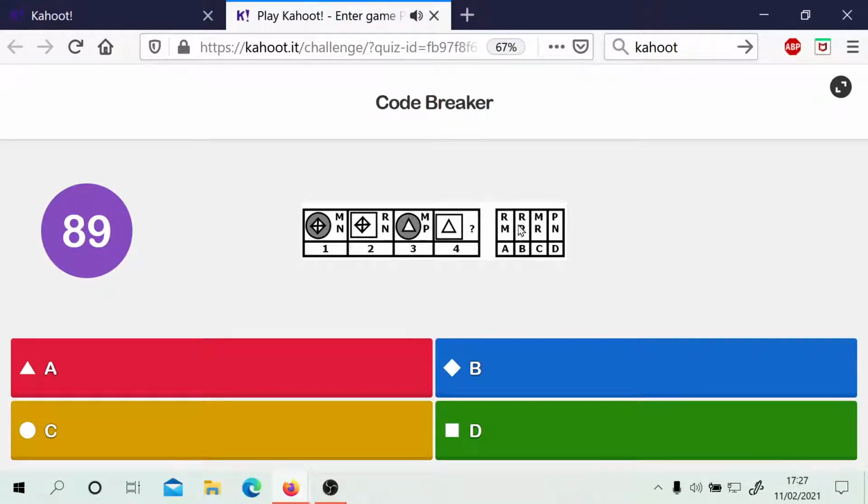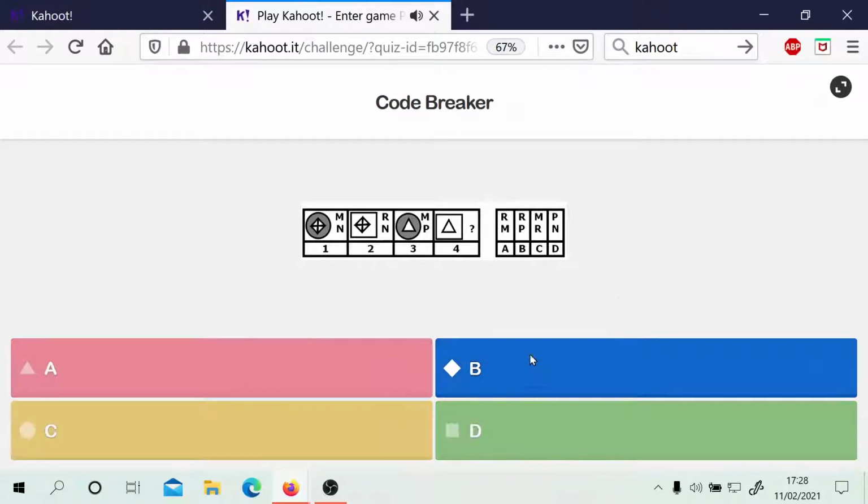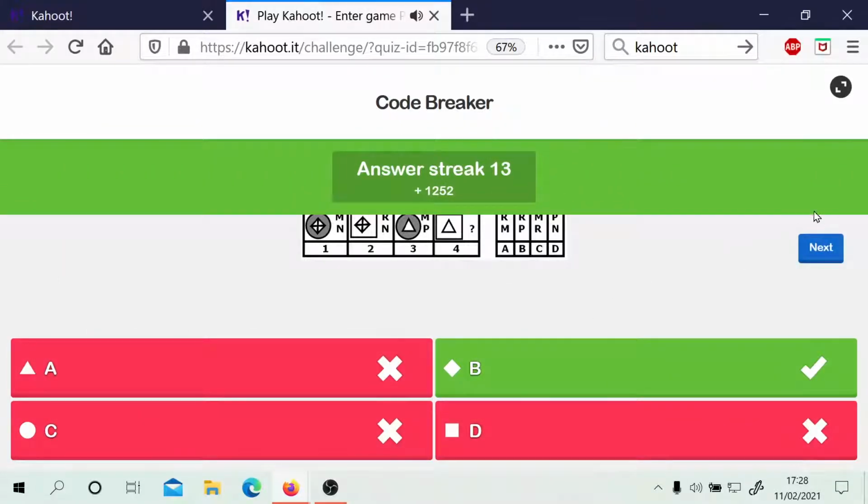It probably starts with R. And I think the little triangle shape in the middle is N. I would say R. Is it RP or RM? I think it's RP, right? Let's go RP. This one might be wrong. No, I got it.